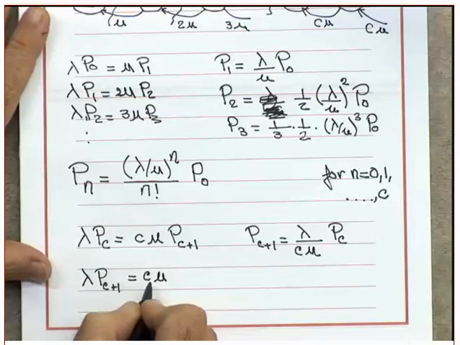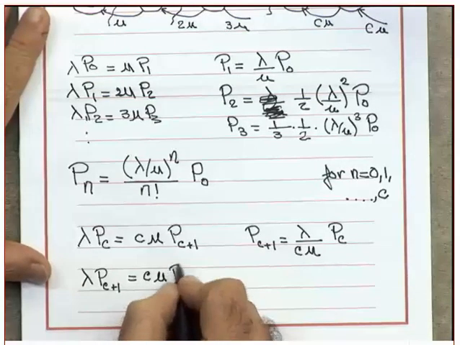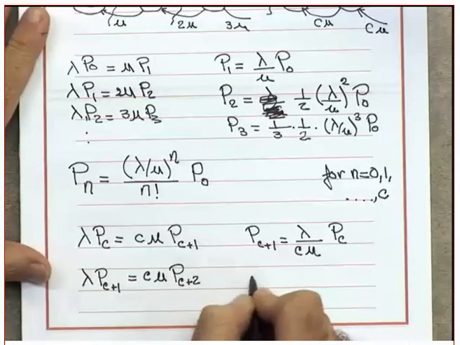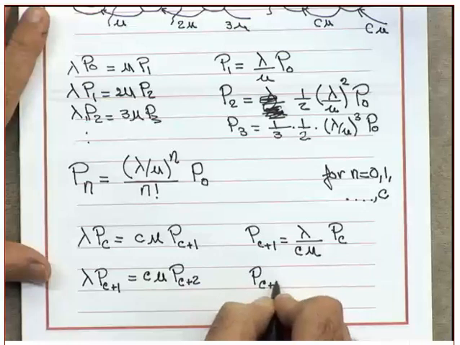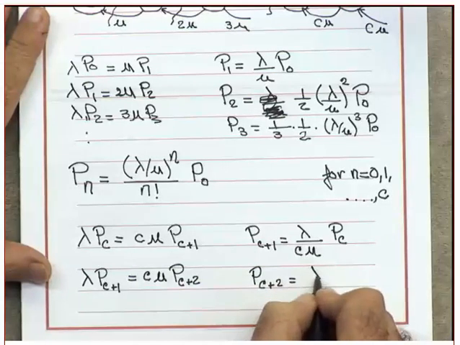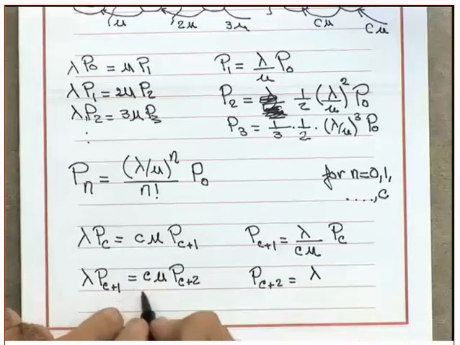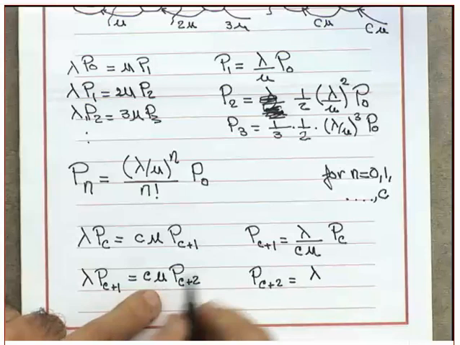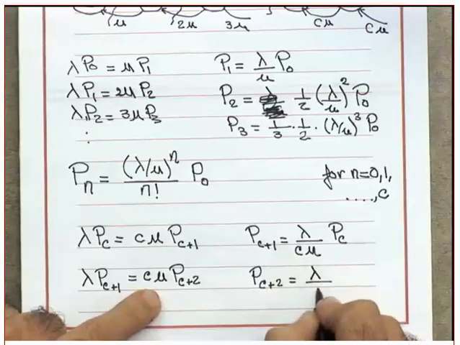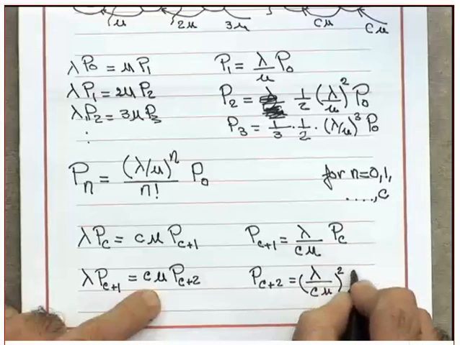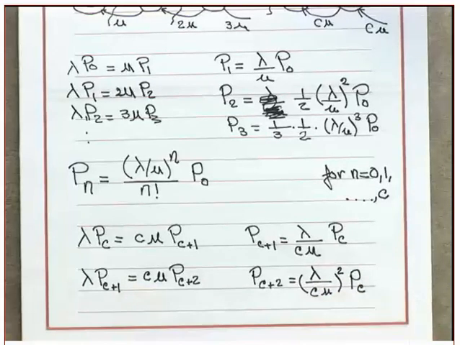Everybody see that it's the same thing? So PC plus 2 equals lambda over C mu times this, so it's lambda over C mu squared times PC. Did you get it? Okay.